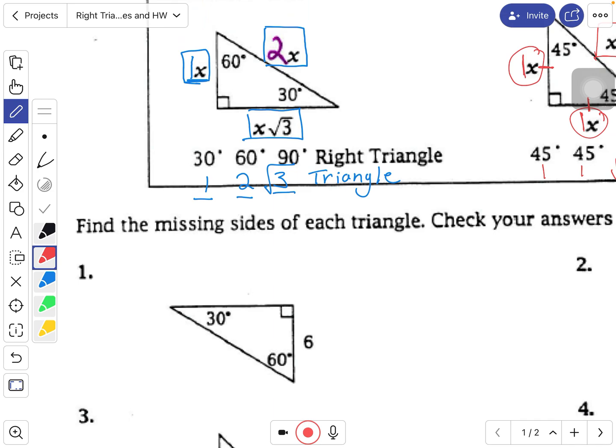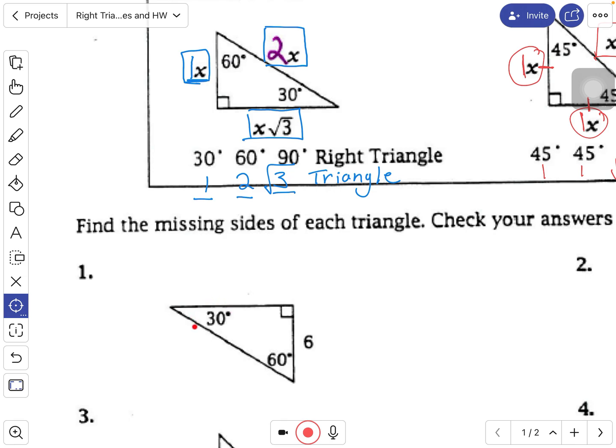The next step, or step 2 in this particular algorithm I'm presenting to you today, is to label the sides with the correct ratios. What we're observing from the diagram is that the side across from our 30-degree angle, all the way over there, is going to be 1x.